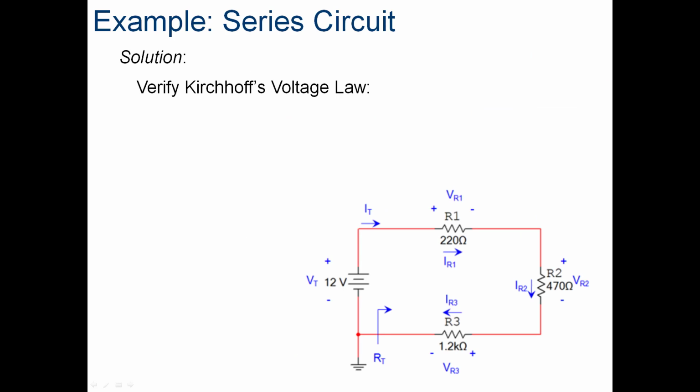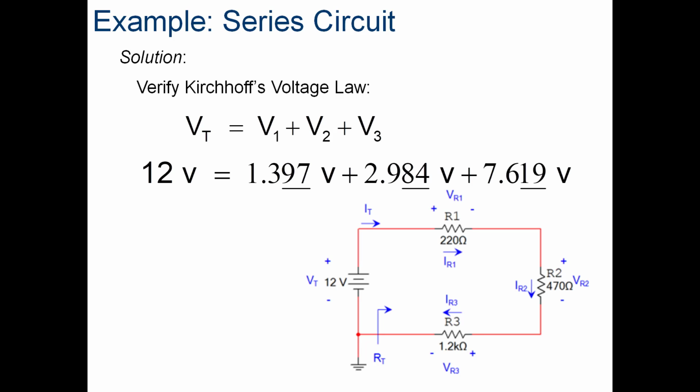So let's verify. Kirchhoff's voltage law says the sum of the voltage drops needs to equal the total voltage, or VT should be V1 plus V2 plus V3. If I add these, I end up right at 12 volts. Now, a little bit of caution is in order here. Depending on where you round and when you round, it may not exactly equal the source voltage.